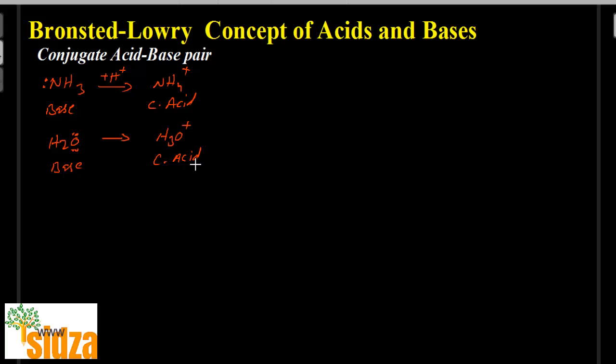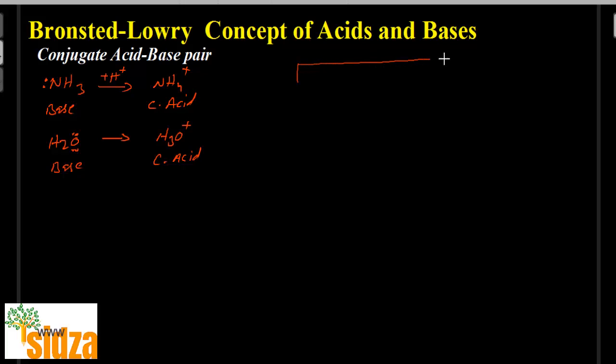So now let's look at the acidic character of some molecules and see how it changes. Take the elements of the second period in the periodic table.